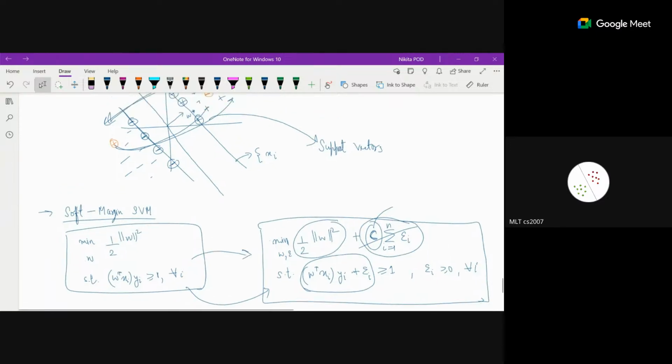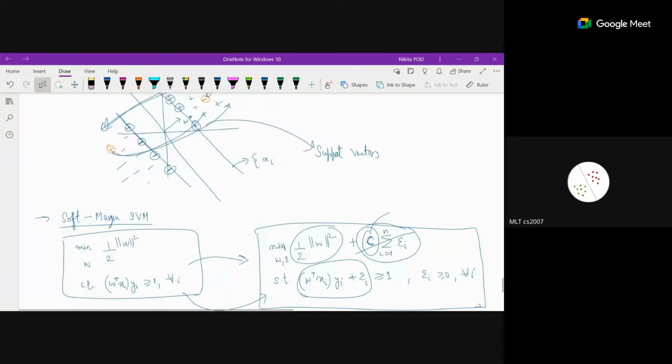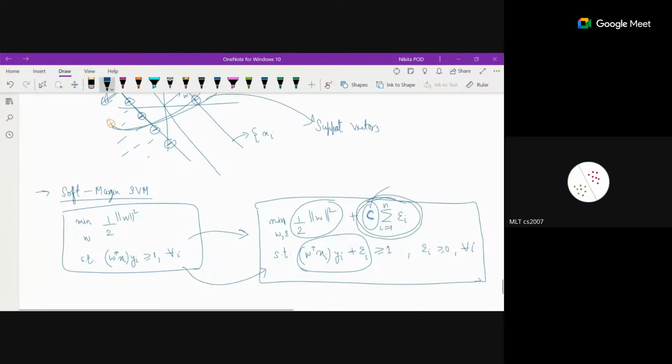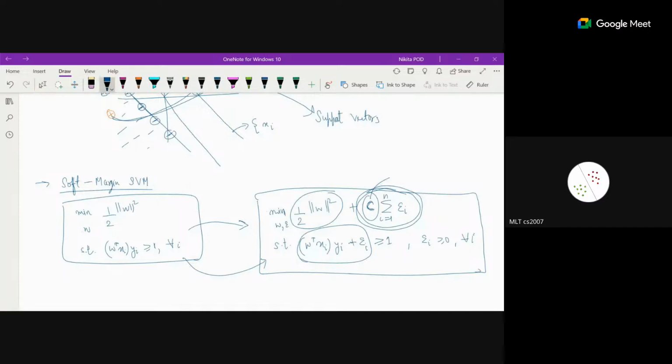So if a point is paying something and going to the right side, this penalization is happening over here. And this constant C is what we are calling a hyperparameter, and it balances how much one should be penalized.